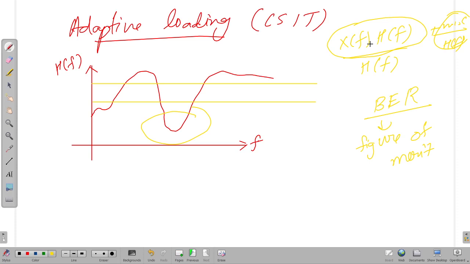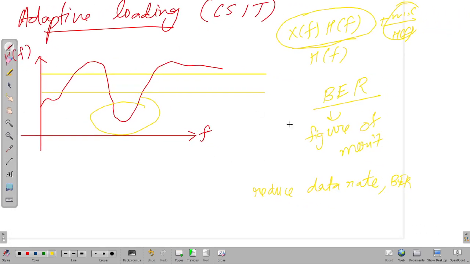And one of the ideas is to reduce the data rate. Okay, if you reduce the data rate, then your BER, bit error rate, will reduce.